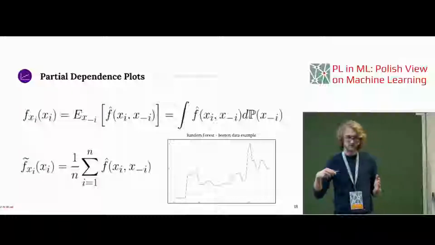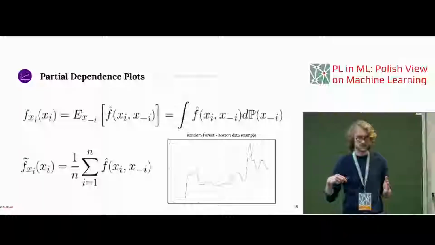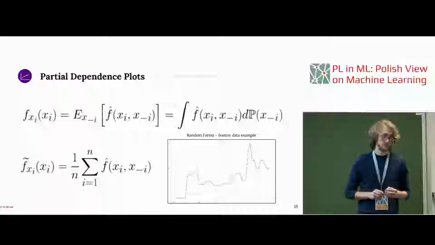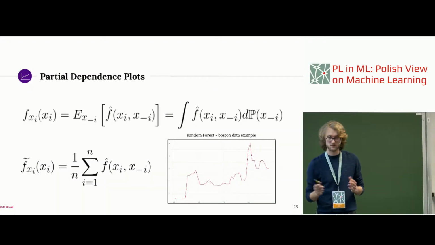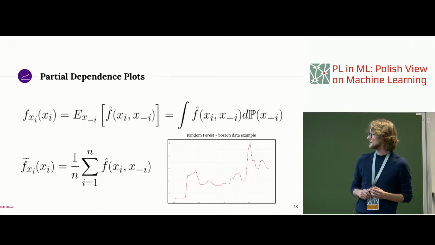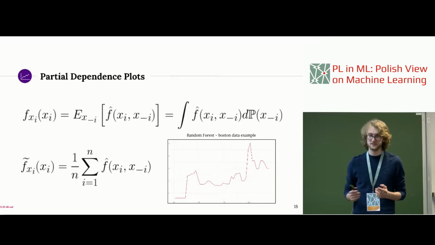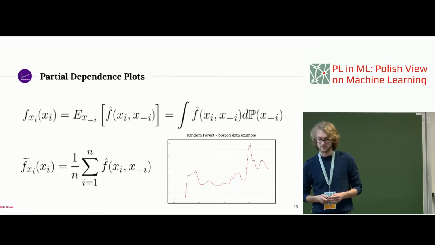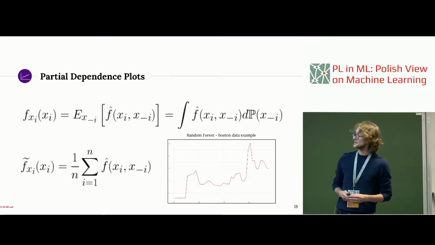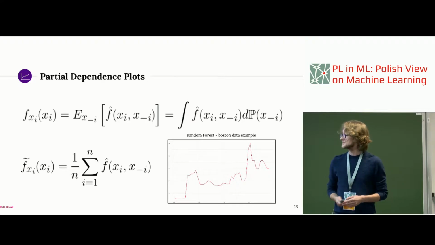After that, we have one prediction for each observation and just count the mean of that. And when we want to count another value, we just freeze another value for this feature, for this variable. Okay, so this is one of the solutions.